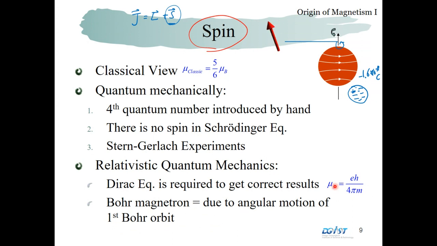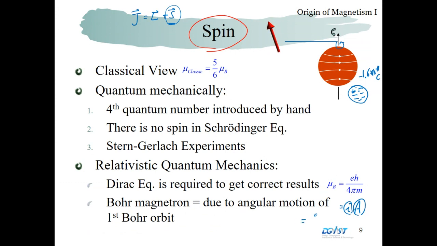And if we have a circular motion of the first Bohr orbit, then we can obtain the mu b value from the previous definition, meaning the multiplication of the current and the area.